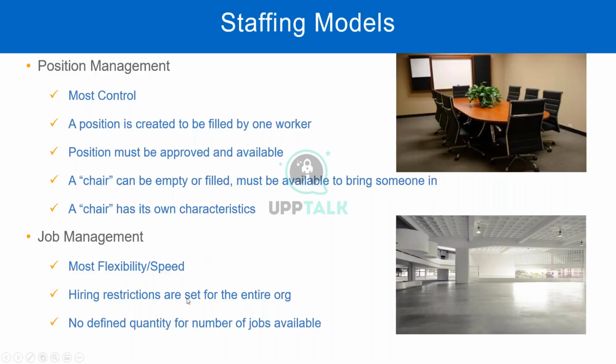You do not need to define upfront how many people you are going to hire in job management. It's an open floor. You can bring in as many people as you need. I should not say as you want, but as you need. Let's say you are given the authority to hire 10 people for your organization, for your team.